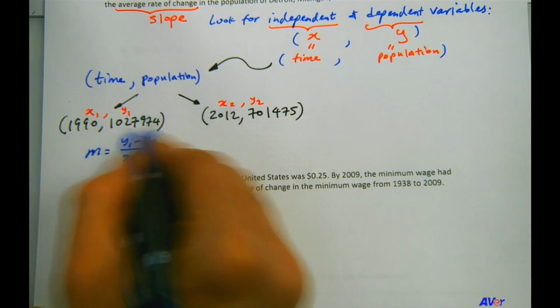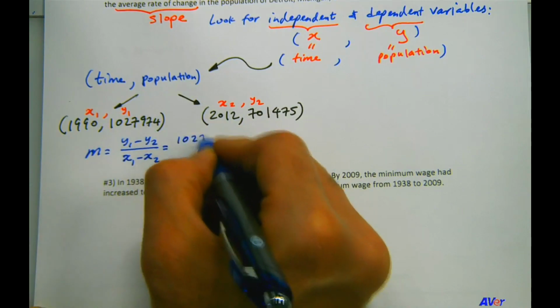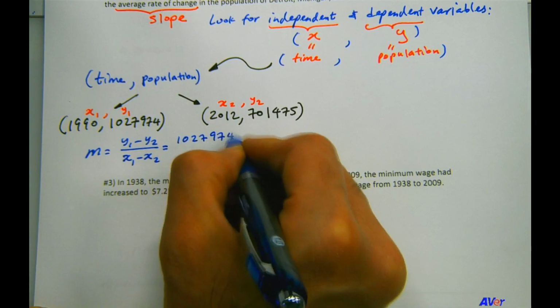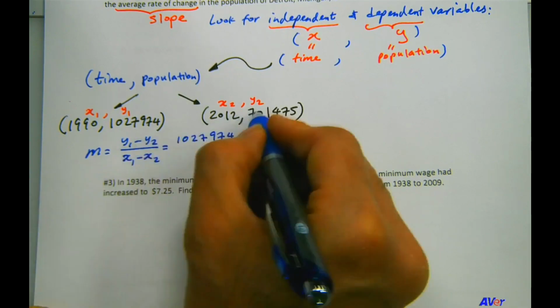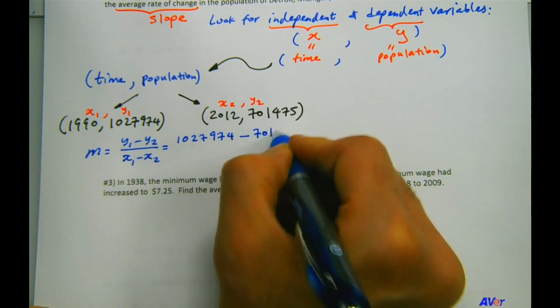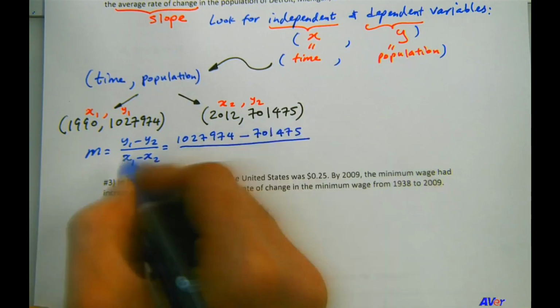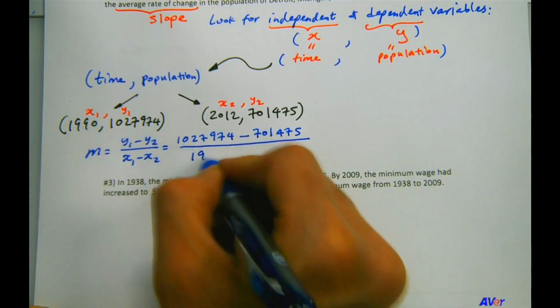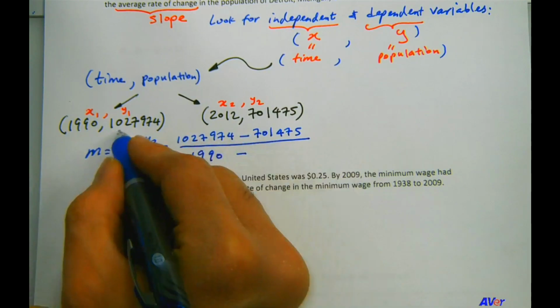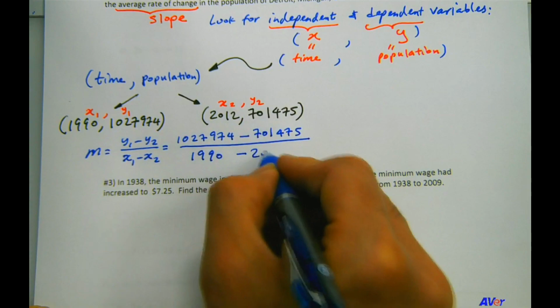y1 is this quantity minus y2, which is that quantity, divided by x1, which is 1990, minus x2, which is 2012.